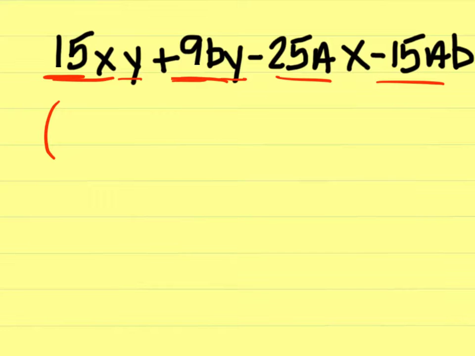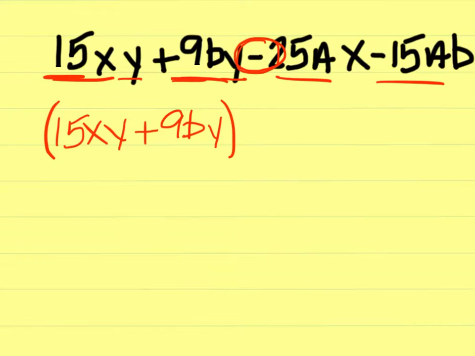We'll start with grouping those 2 together with parentheses. And then the other 2 we'll assume have to go together. Anytime you have a minus sign in between there, you keep that first term, 25ax.